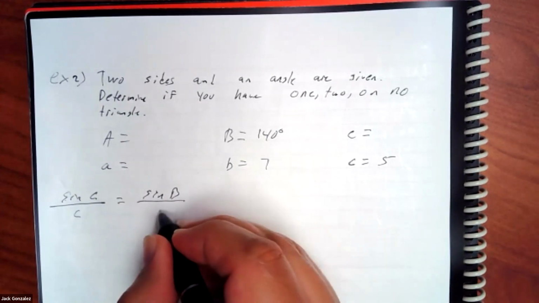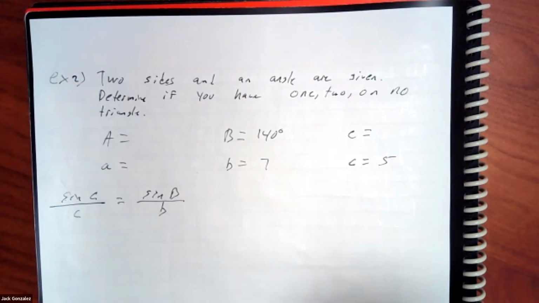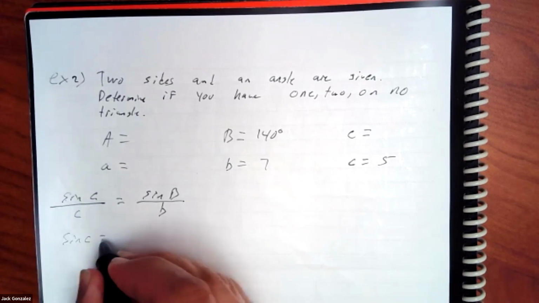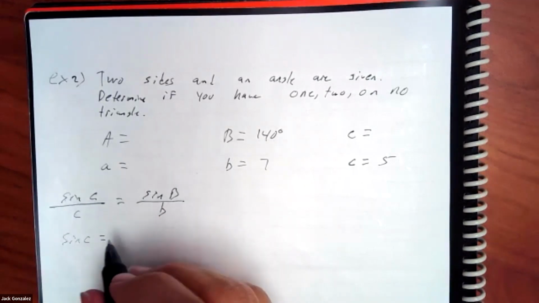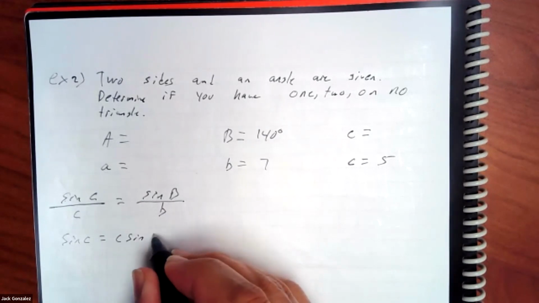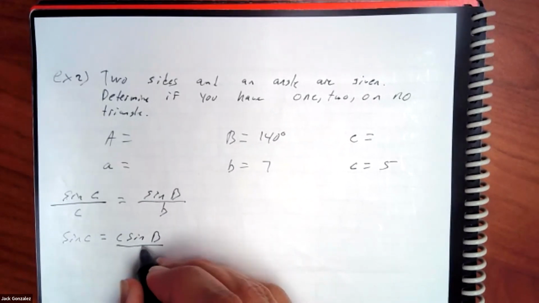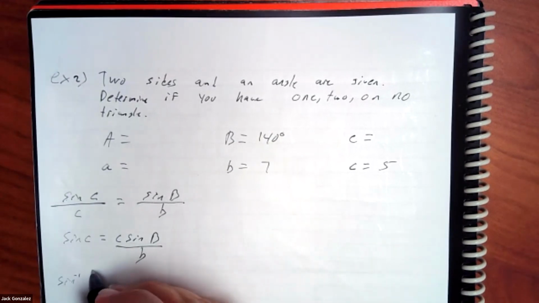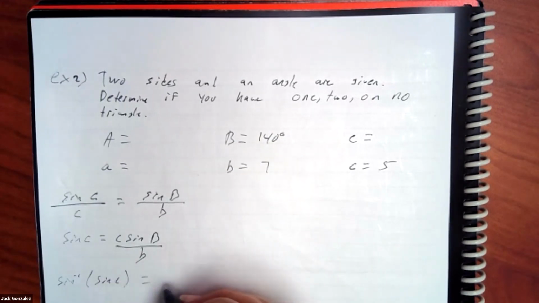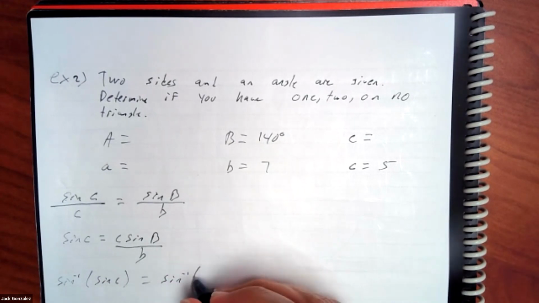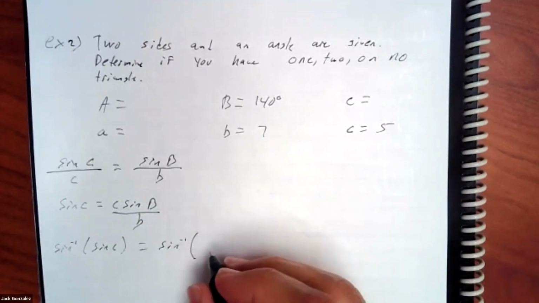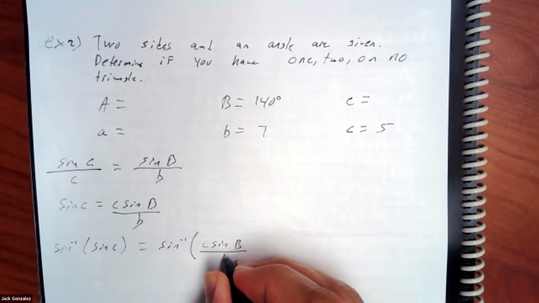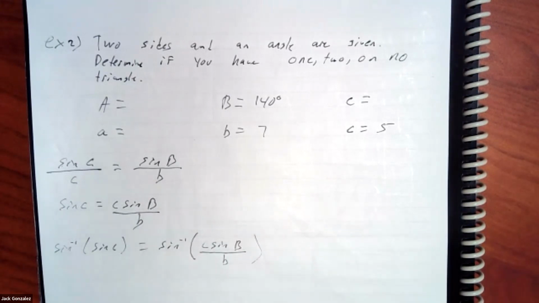So set it up this way to find angle C. Sine B over little b equals sine C over little c. Isolate sine C by multiplying both sides by little c. That gets you to here, and it cancels. Now, in order to cancel sine, I need to do sine inverse of both sides, which will cancel this.